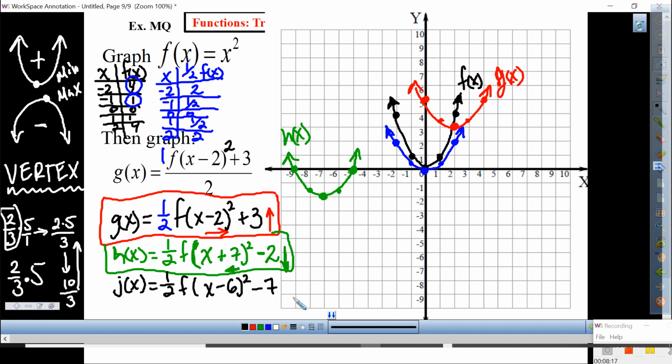All right. So where are we moving? 6 to the right, and 7 down. That is correct. So that means I'm going to take this vertex, the blue one, 6 to the right, 7 down.